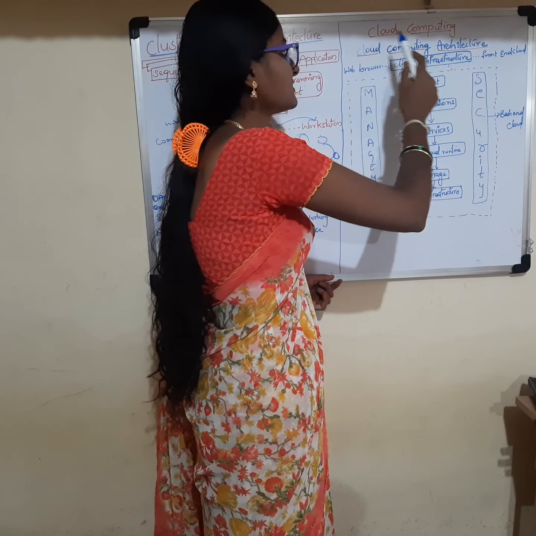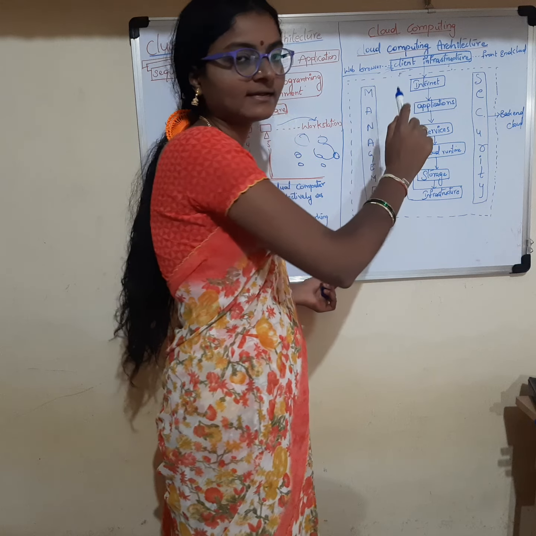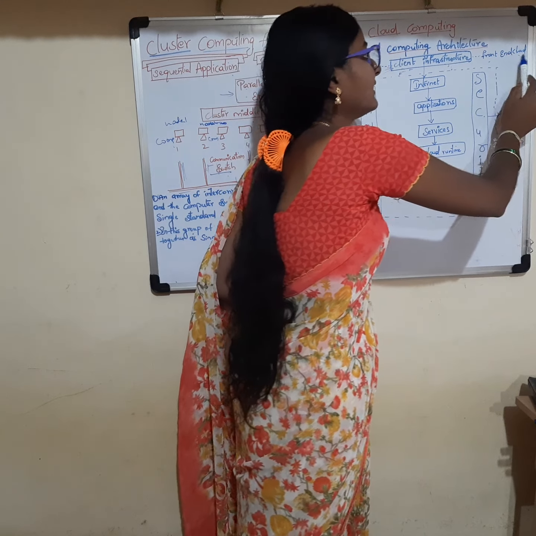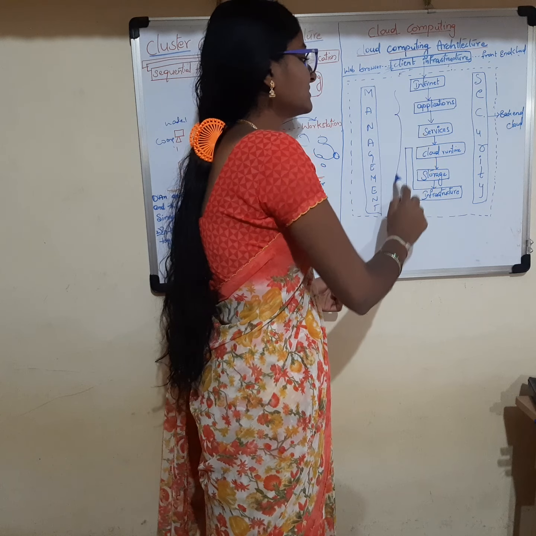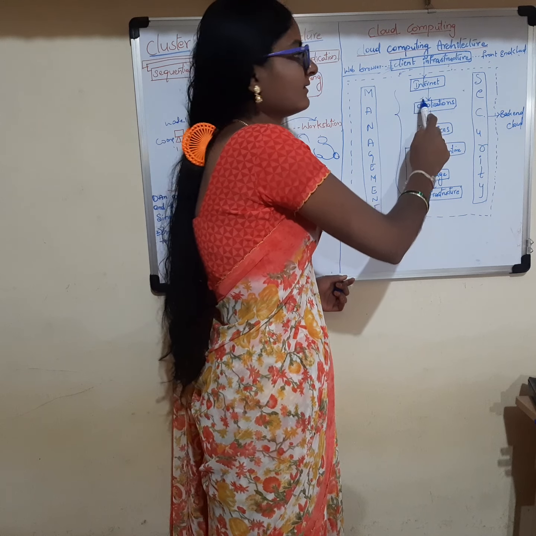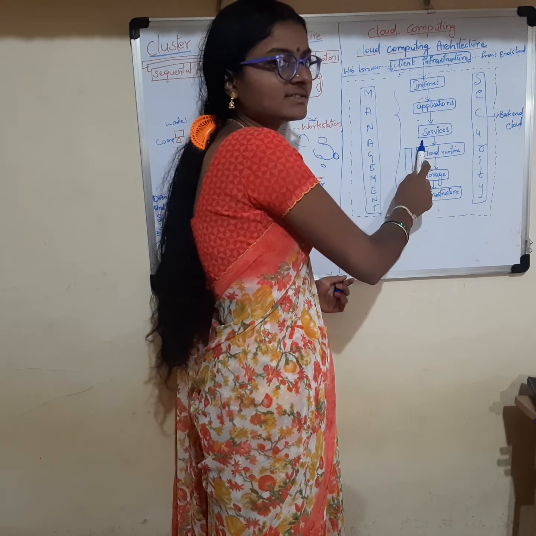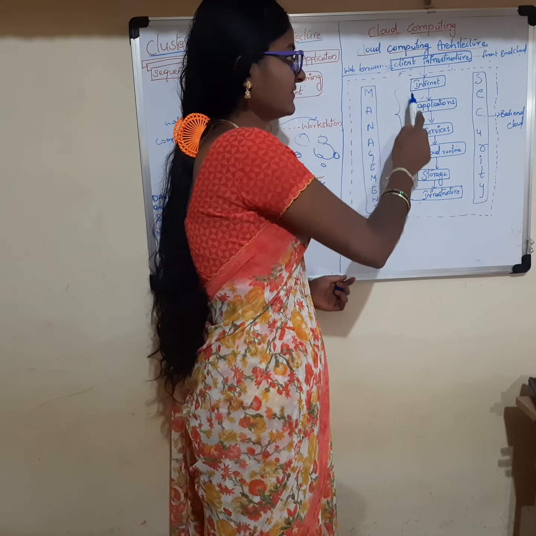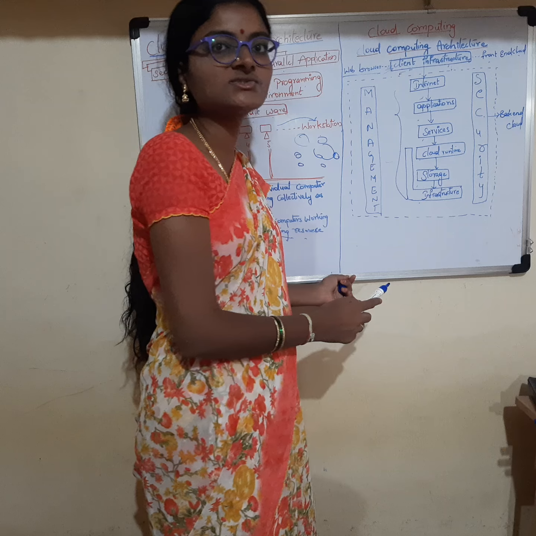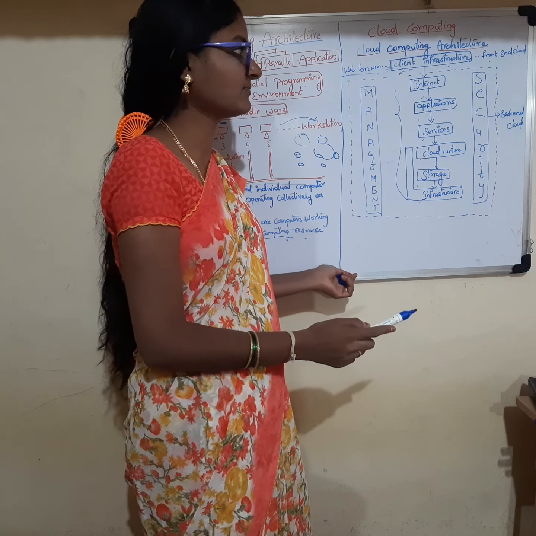Client infrastructure: web browser, internet connection. Next, front end cloud. Next, internet. What resources are there? Internet, applications, services, cloud runtime, storage, infrastructure. These are the resources to solve a problem in cloud computing.